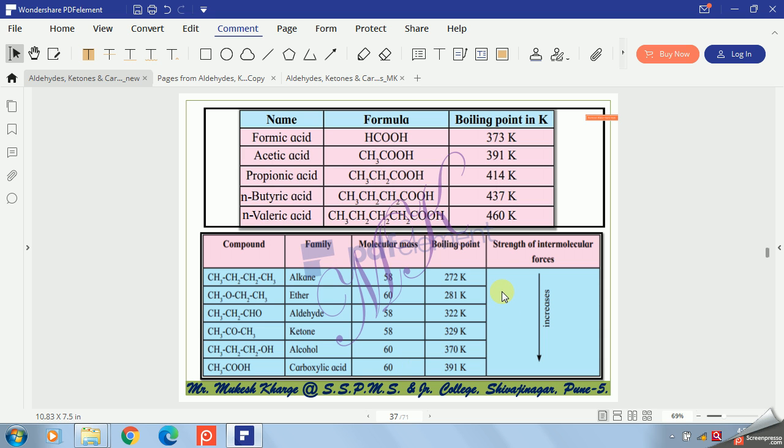So the reason behind it is the intermolecular hydrogen bonding and dimerization in the carboxylic acid. That reason explains the higher boiling point of carboxylic acid than the corresponding alkanes, ethers, aldehydes, ketones, and even alcohol also. So this is about the physical properties. Thank you very much.